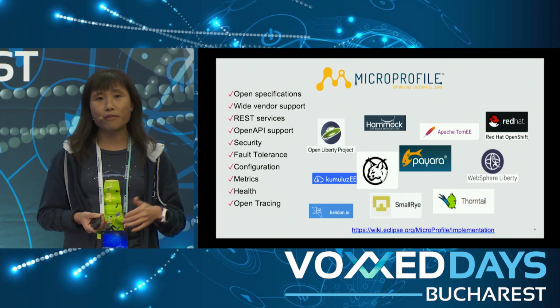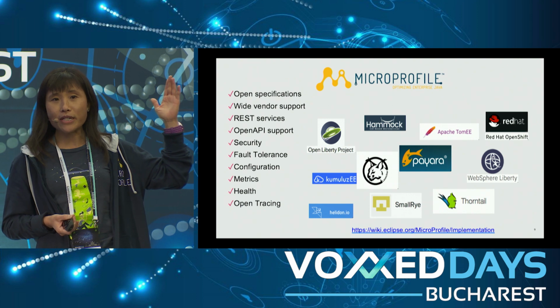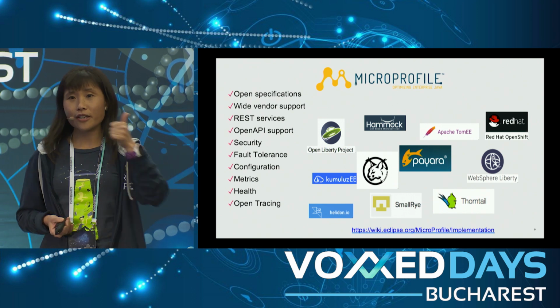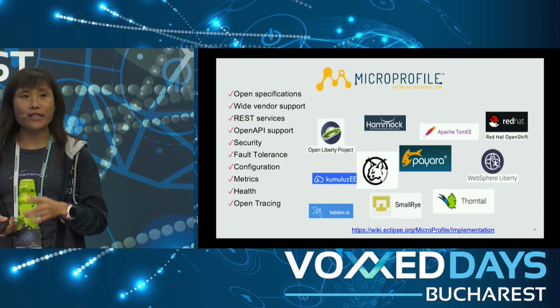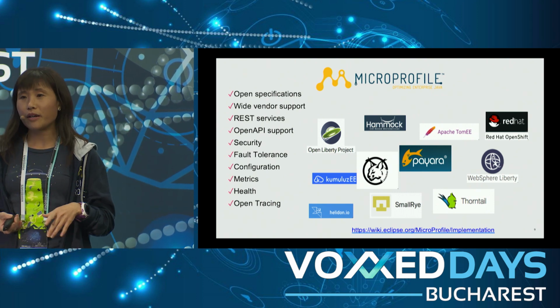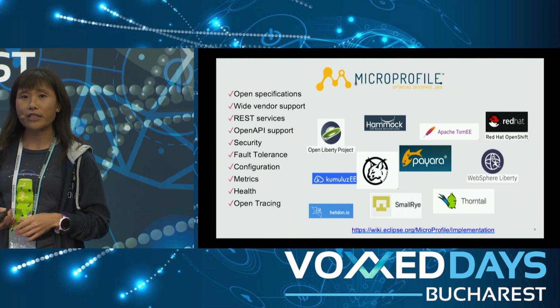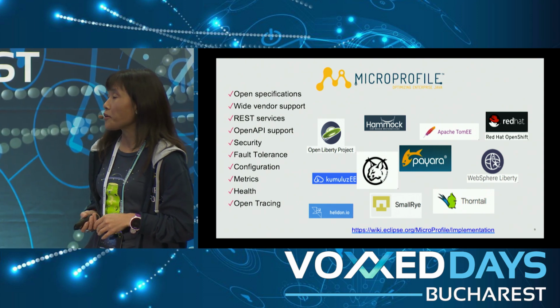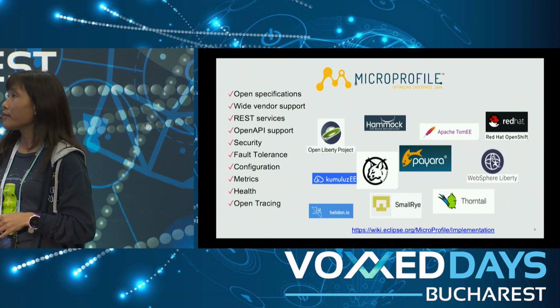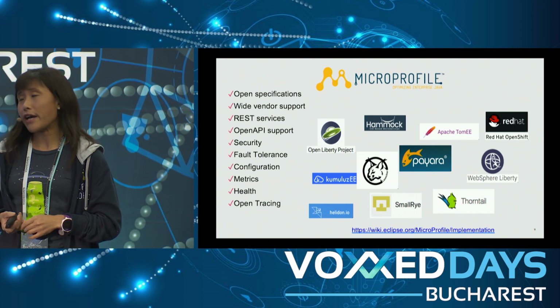It's called Open Liberty. Anybody know Open Liberty? Okay, cool. Very good. So if you do not know Open Liberty, please Google for it, openliberty.io. It has good materials for you to learn and try it out.